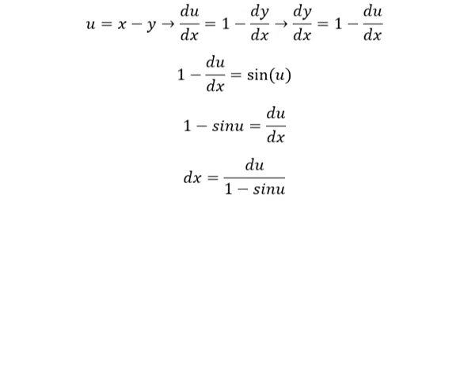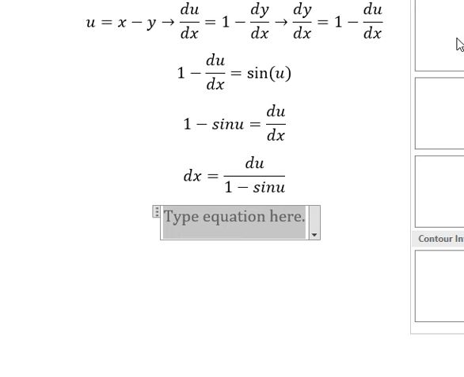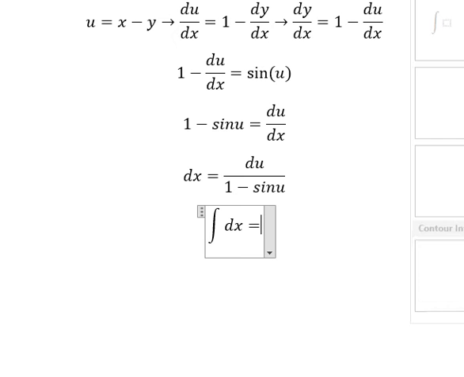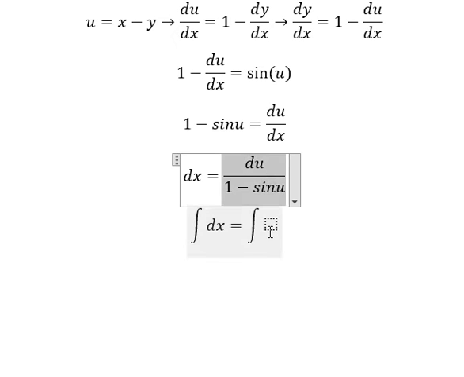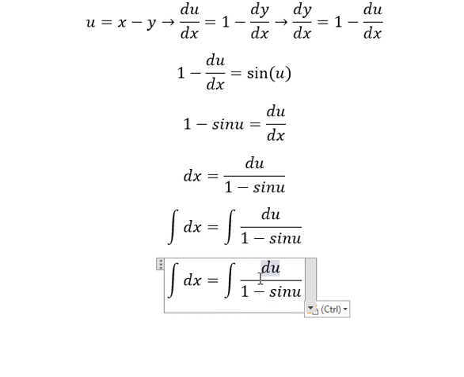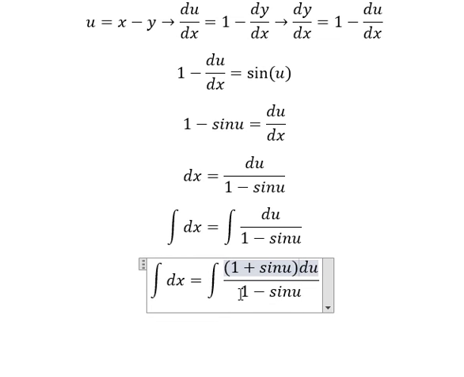Next, we need to integrate both sides. Next, we multiply by 1 plus sin u on the numerator and denominator.